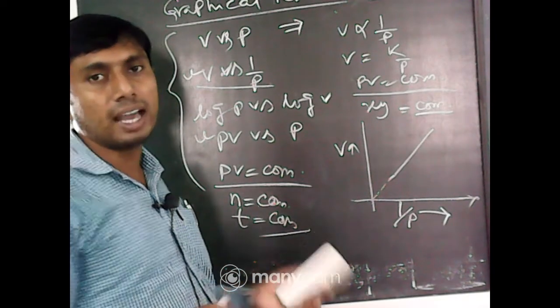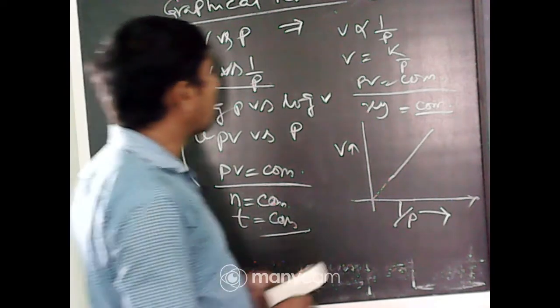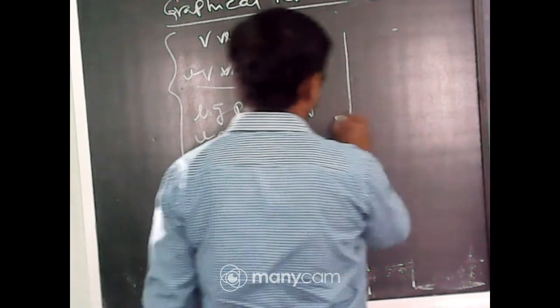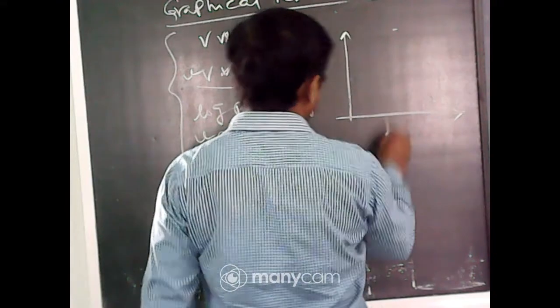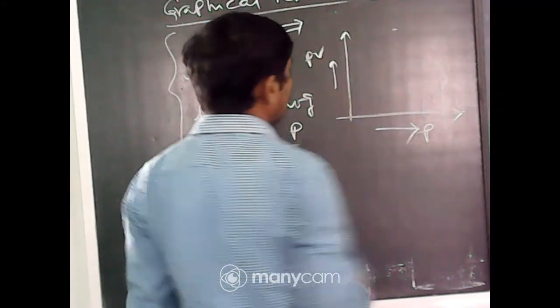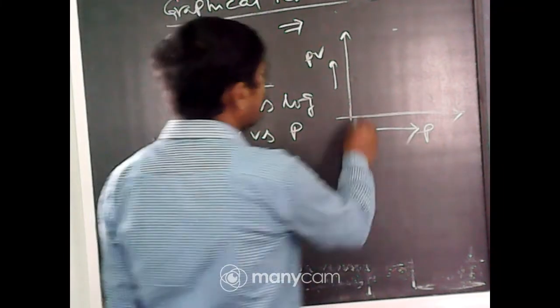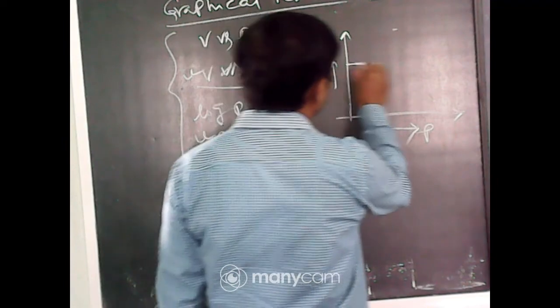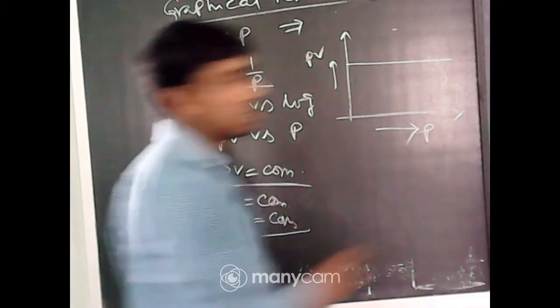As PV is constant, the curve looks like that. Here on the x axis it is P and on the y axis it is PV. Then with increasing pressure the volume will decrease. Okay. So, the value of PV ultimately remains constant.